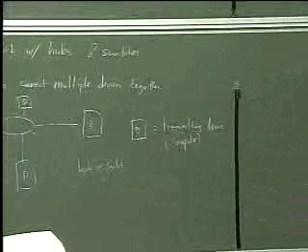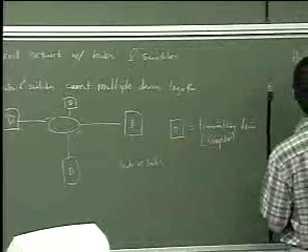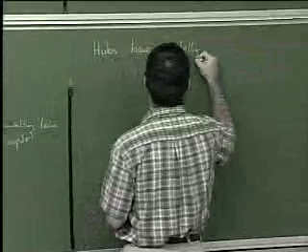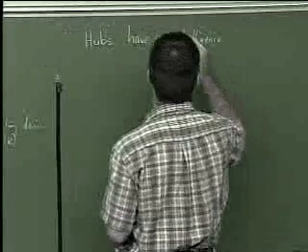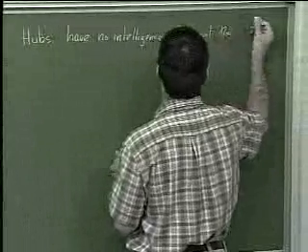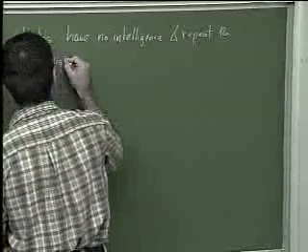The difference is hubs have no intelligence, and repeat the transmission packet. I'm going to wind up saying packets a lot.